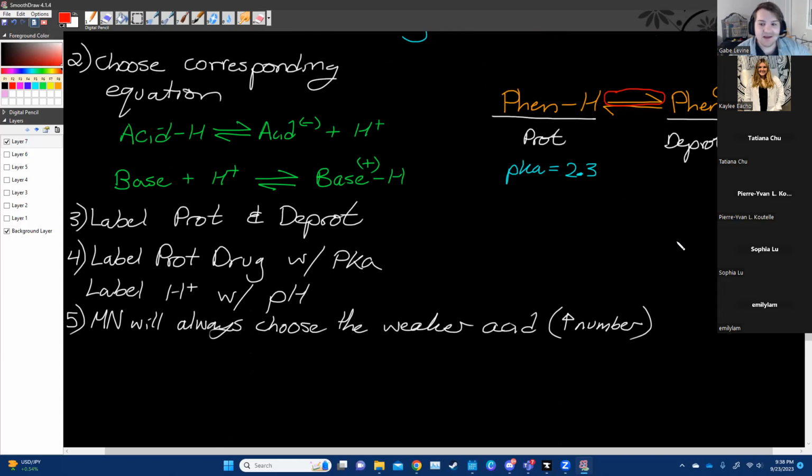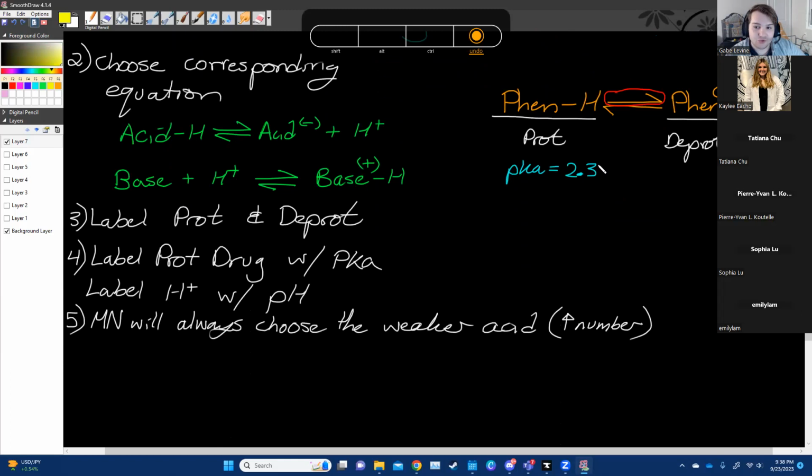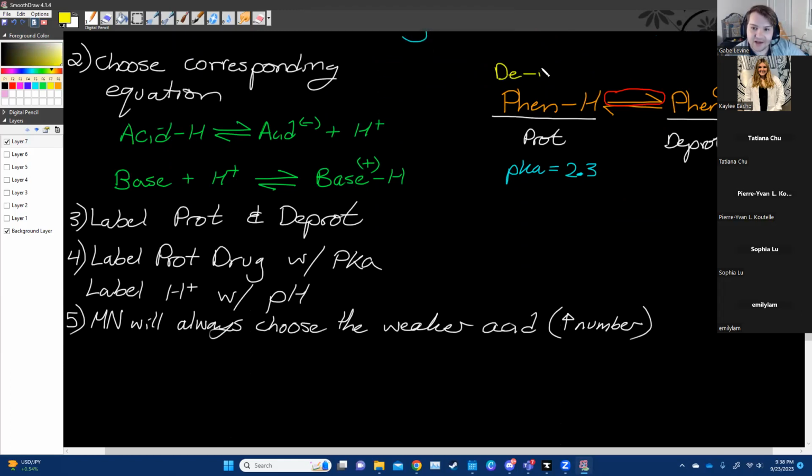Because in the same way that a protonated drug is neutral, we can also say that it is deionized. And the same way that a deprotonated drug is negative, we can say that it's ionized.